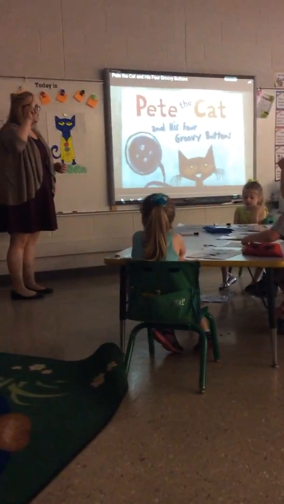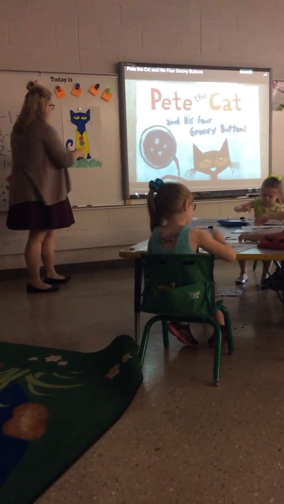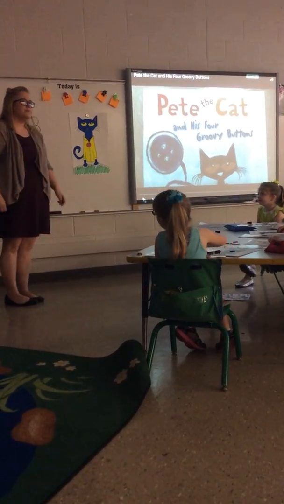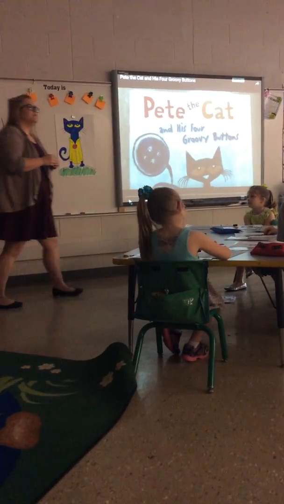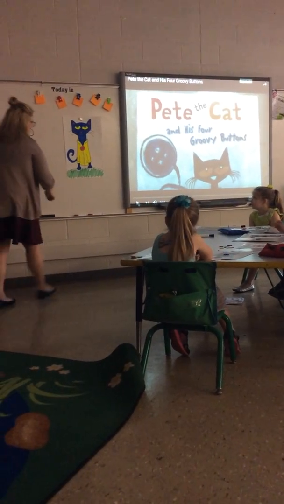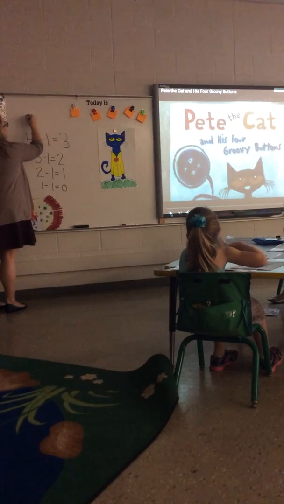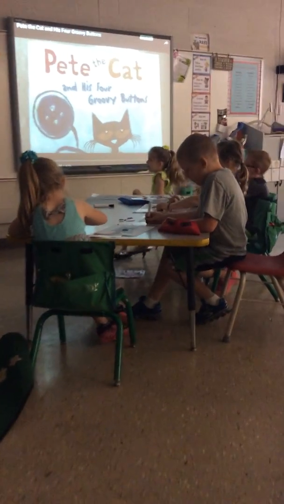So what happens if Pete loses 2 buttons? Raise your hand if you know what happens. Chanel? 1. So on your board, you're going to write Pete had 3 buttons, and he lost 2.